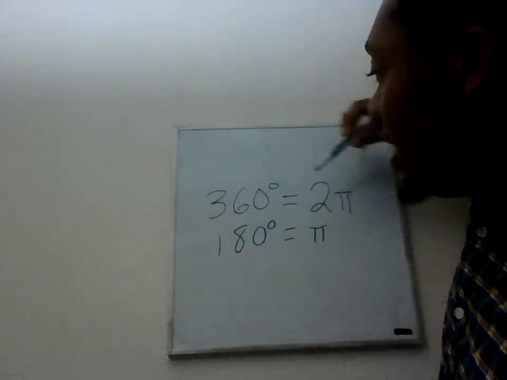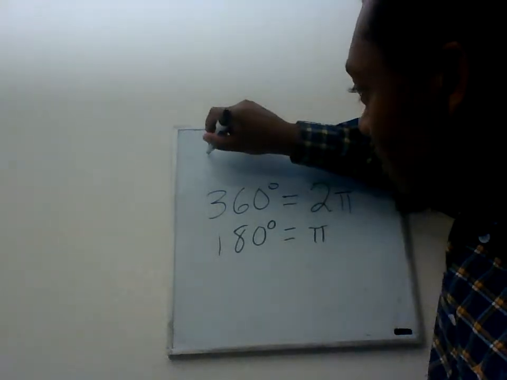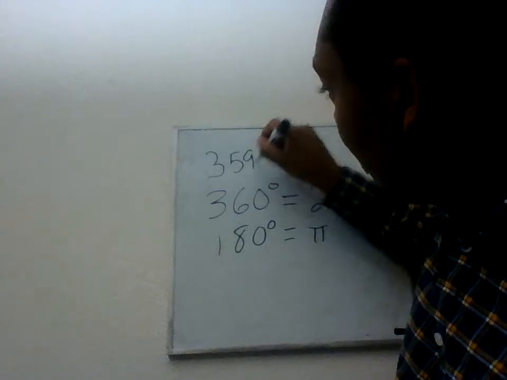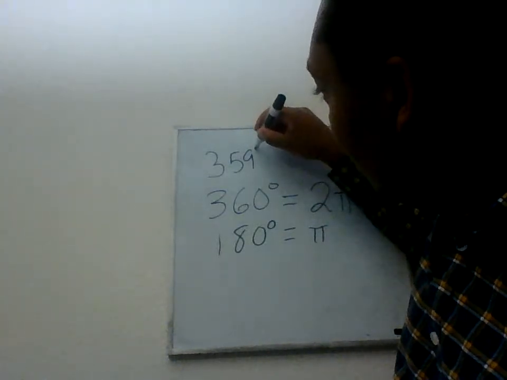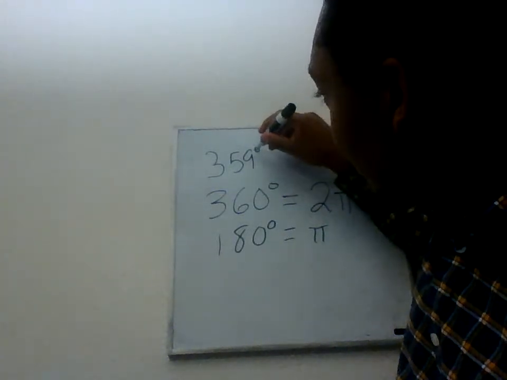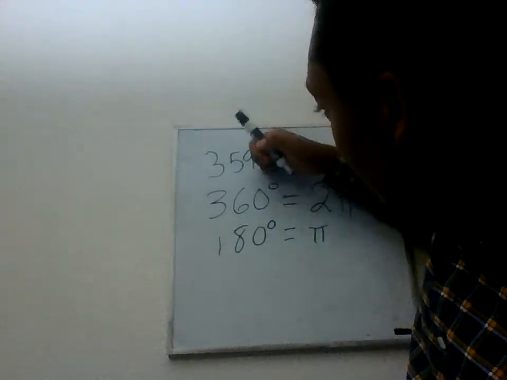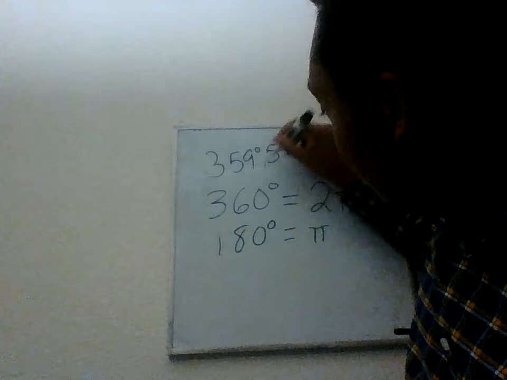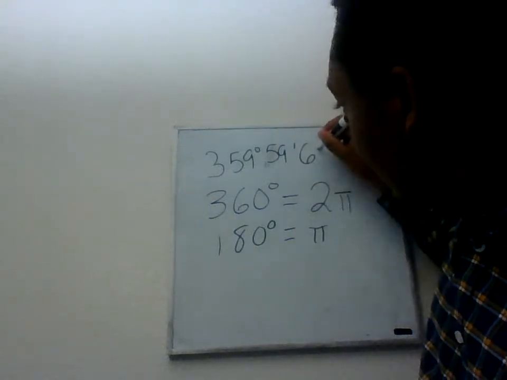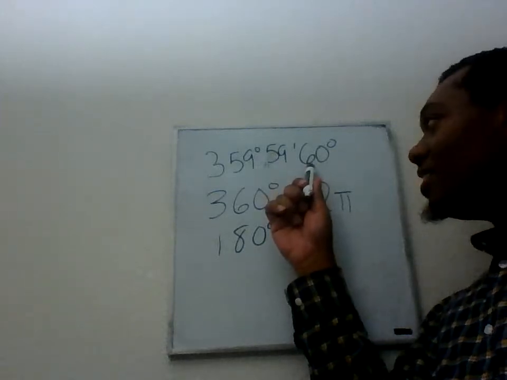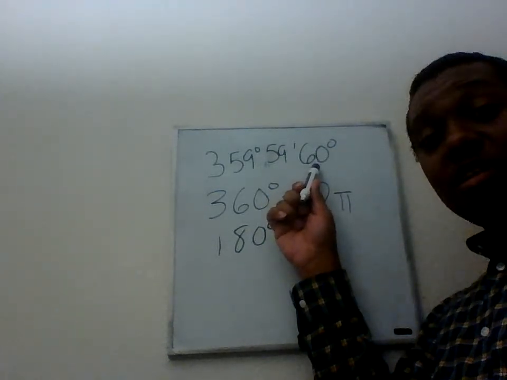So remember, we got decimal degrees. We have our degrees, minutes, seconds, because 60 seconds would be the same as 1 minute.